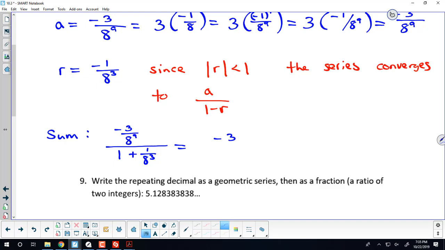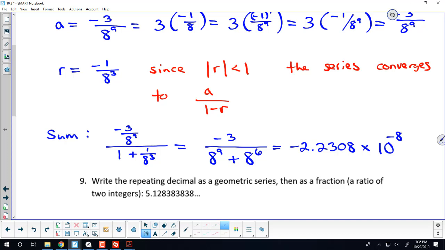So negative 3 over 8 to the 9th plus 8 to the 6th. So, I mean, it's a super small number. I don't know how your calculator does this, but it's negative 2.308 times 10 to the negative 8. It's a super, super small number. But yeah, that's the idea.